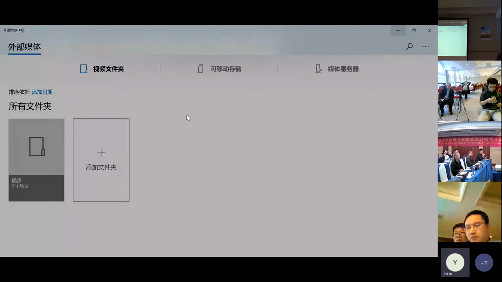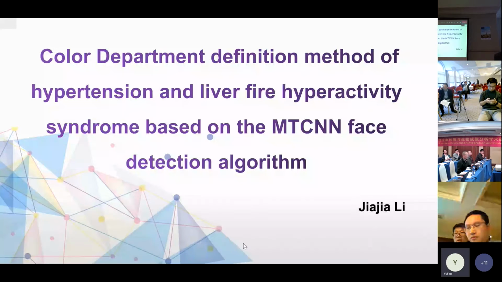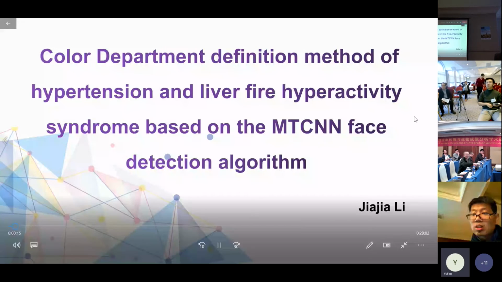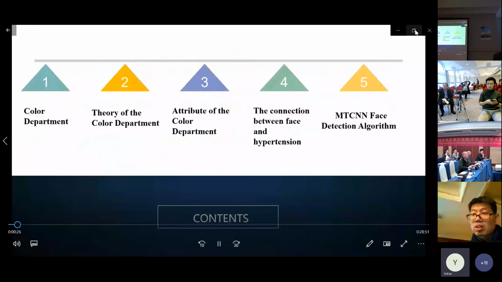Tonight I will share my research, which is part of the color department definition. Can you hear us? Yeah, we can hear you now. Can you hear the video? Cannot hear.